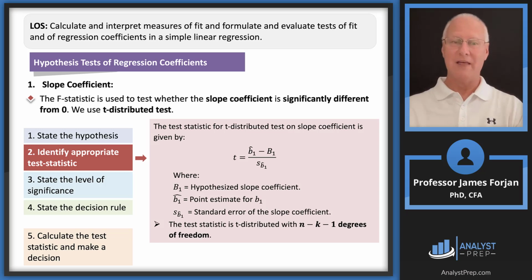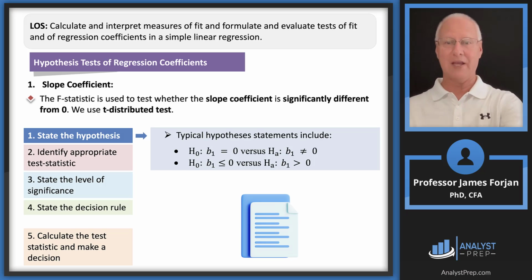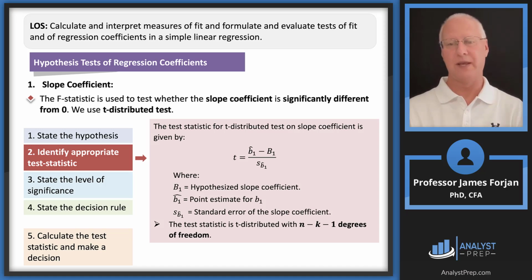So remember that the F-test is dialed in to the slope coefficient being different from 0. The t-test, when it is used like it is back here in that first H0, beta 1 is equal to 0, then it's going to be a t-test. So there is the test statistic.